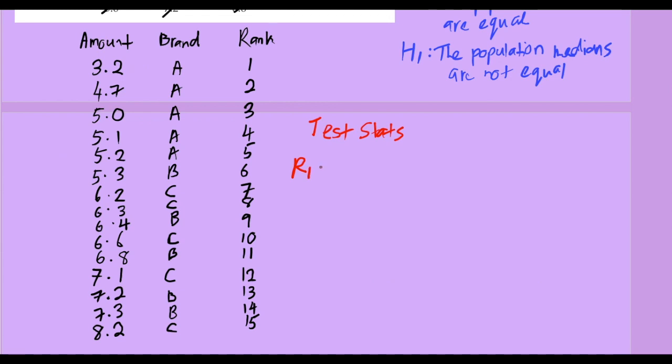So R1 would be the sum of ranks for brand A. So I would add 1 plus 2 plus 3 plus 4 plus 5, and this is 15.